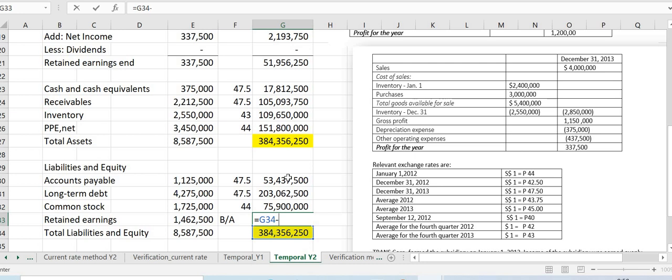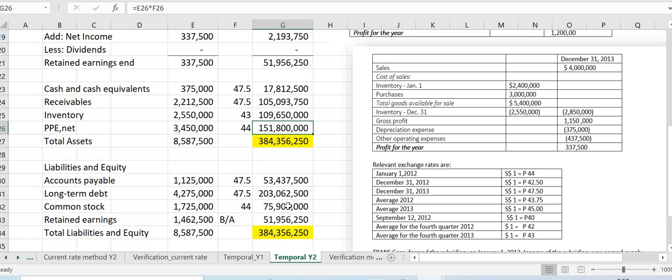So we'll have 384,356,250 less your accounts payable, your long-term debt, and your common stock. So you'll have 51,156,250 retained earnings as of December 31, 2013.